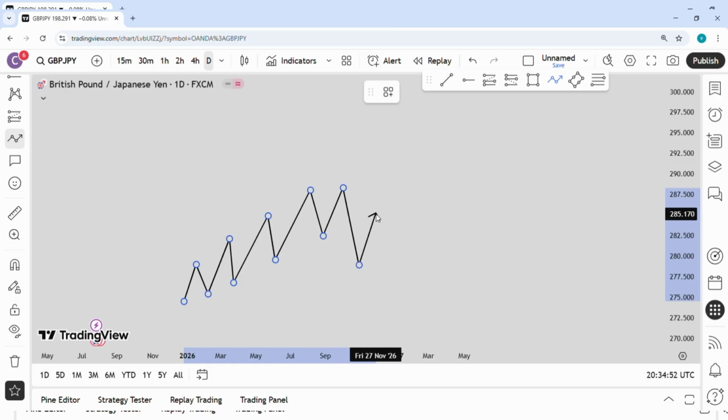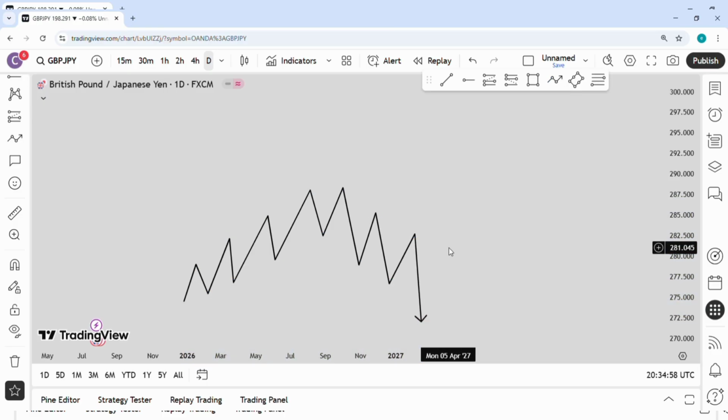Now we are going to the downside, and then price will start creating a break of structure to the downside. This is how markets move. Markets move either up, down, or sideways. When I mean sideways, I mean like this, consolidating. The market will just be consolidating, no exact movement.